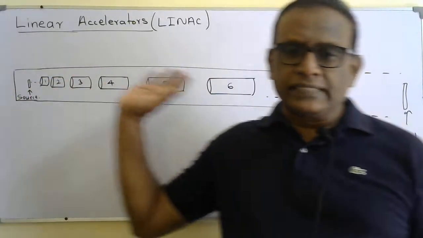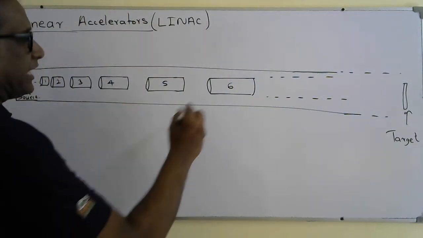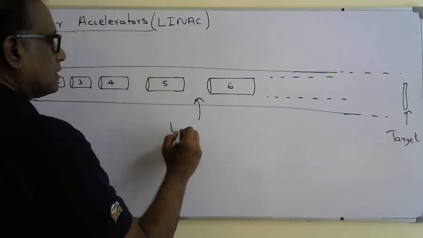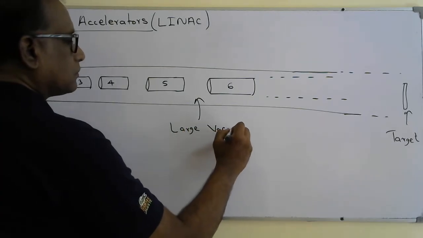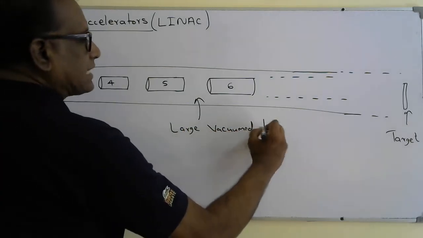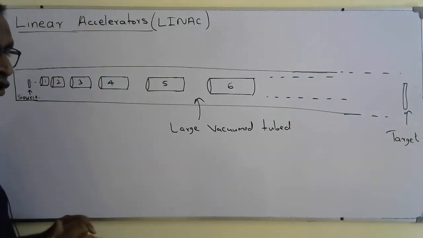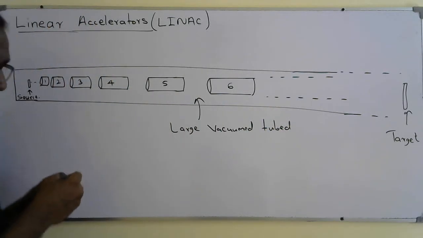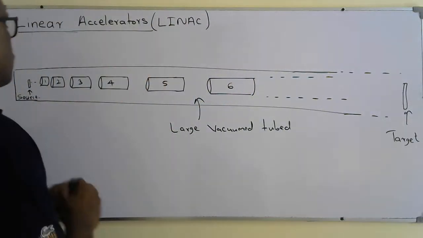Okay, so this is the block diagram of the linear accelerator. It's a large vacuum tube. Inside it, there are several drift tubes. Alternate drift tubes are connected to the same polarity of the AC signal. It is difficult to draw, so I didn't draw it.